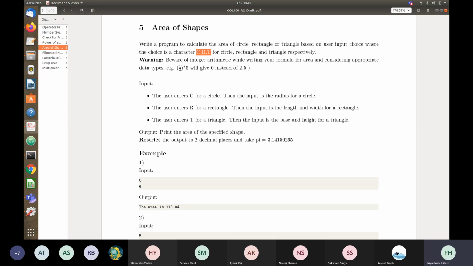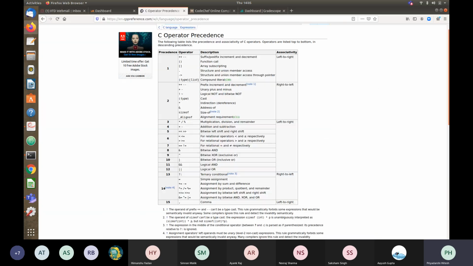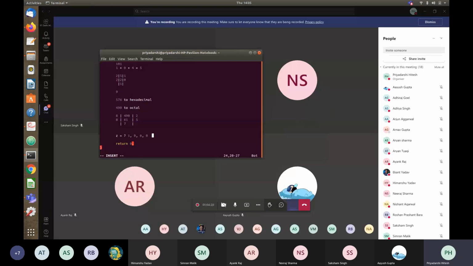I think you would be able to do it. The only thing you need to consider is, just take care of the float values. Like, if say, what would be the value of x?